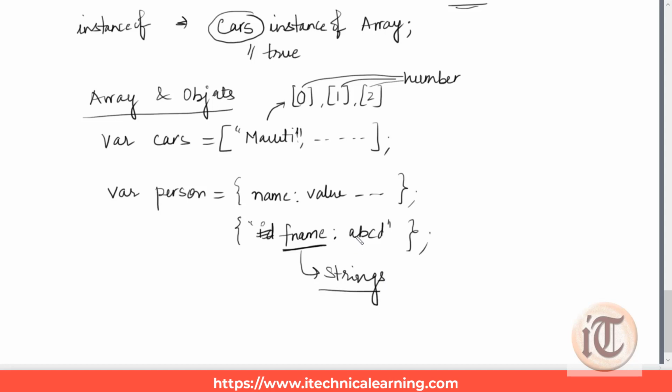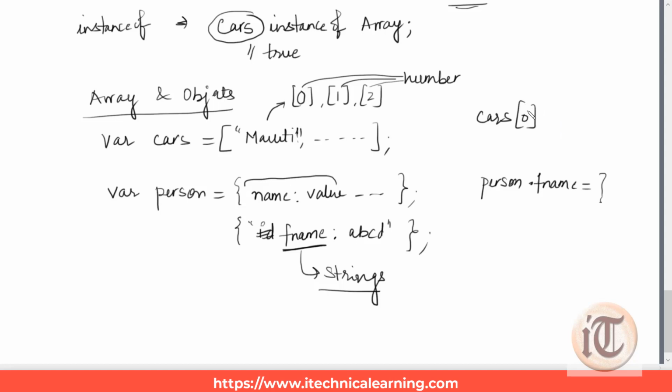Whereas in the case of arrays these are numbers, but in the case of objects these are name value pairs. So if I have to access the first value, I'll write person.firstName, then I can access its properties, its values. But in the case of arrays, I'll simply write cars and the index number.